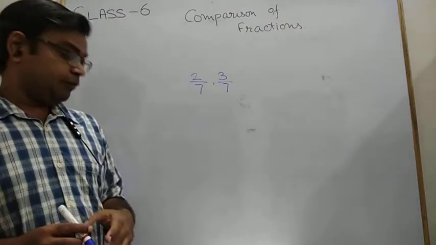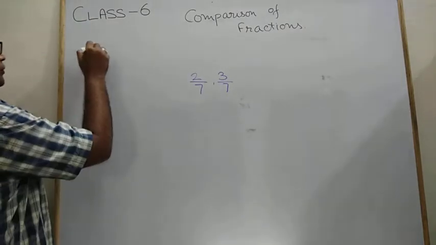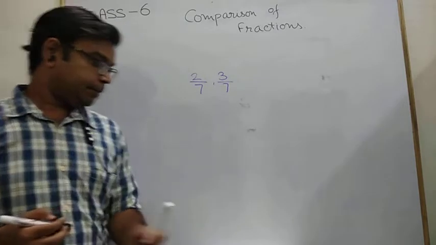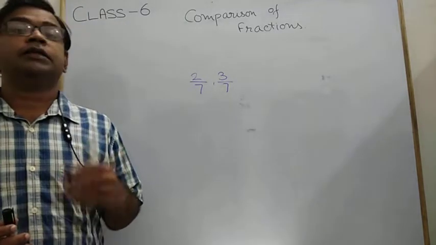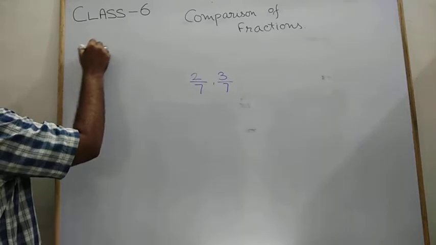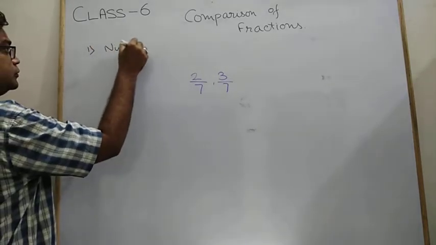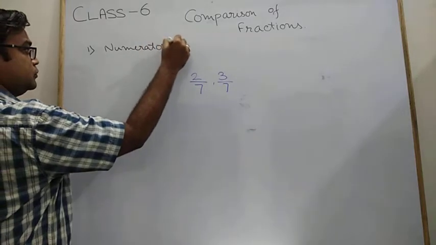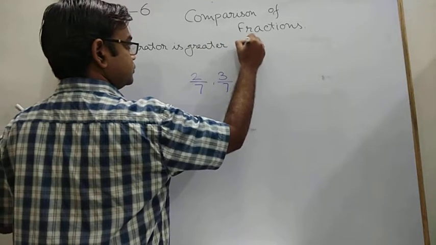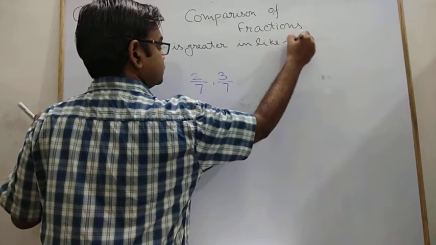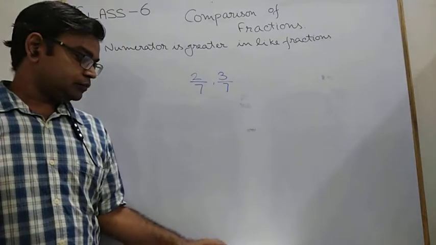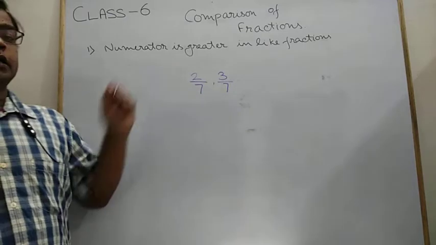In case of like fractions, the first rule says that if the numerator is greater, then the fraction is greater. Now what we are observing is that if the numerator is greater, then that fraction is greater.